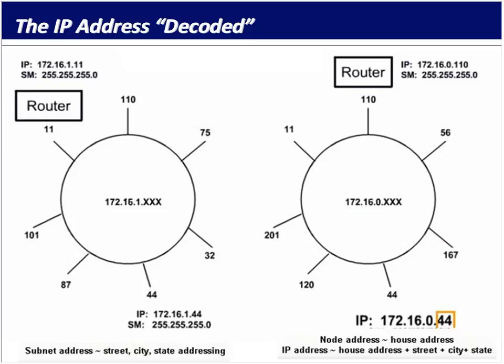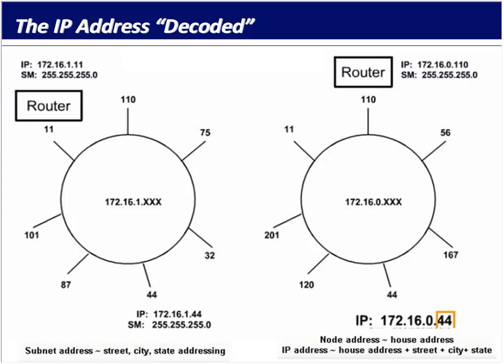All right? So in this instance, and let's go back to calling these routers, the router over here is 172.16.0.110 with a subnet mask of 255.255.255.0, and all these devices would have the same subnet mask. That tells them that all of these devices are in the same network.